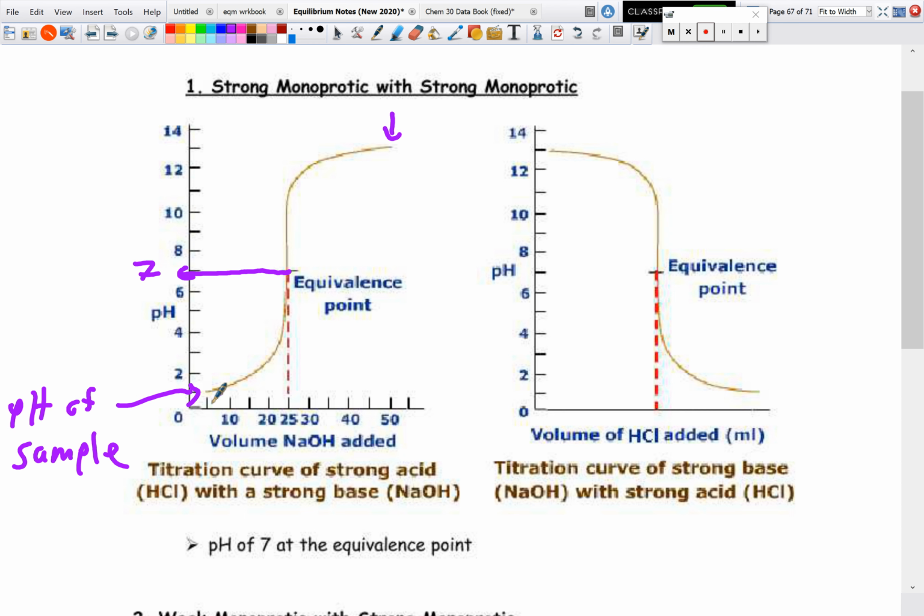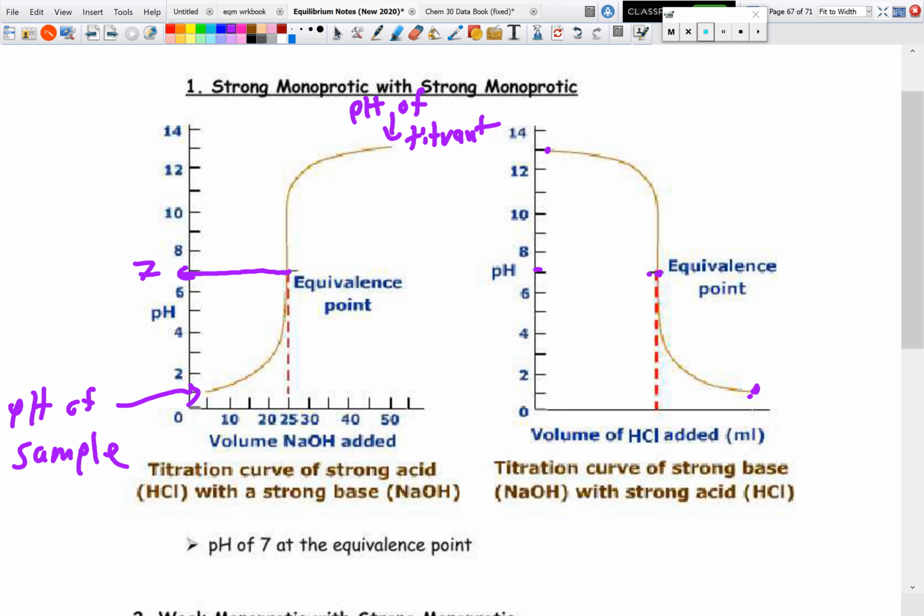Whereas at the end, once the sample is used up and we're just adding in excess titrant, we get the pH of our titrant at the end of the graph. So for our first graph right here, we can tell our sample is acidic, our titrant is basic, the titrant almost has a pH of 13, our acid at the beginning almost has a pH of 1. Then of course, same thing here, we can tell that we have the pH of our sample, the pH of our titrant, and our equivalence point at a pH of 7.